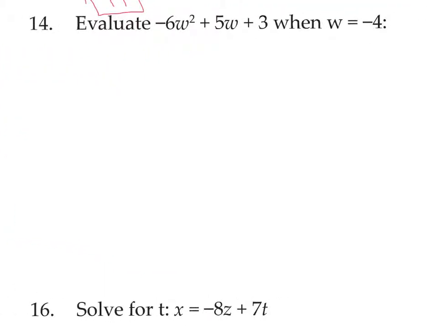Okay, evaluate. Negative 6w squared plus 5w plus 3 when w equals negative 4. So we substitute the negative 4 in there for the w's, and the easiest way to do this is to use parentheses. So start writing the expression, put a set of parentheses every place you see a variable, and then go back and put your variable in where it belongs in the parentheses, and that way you won't lose your multiplication and you won't lose your negatives and your exponents and all that.